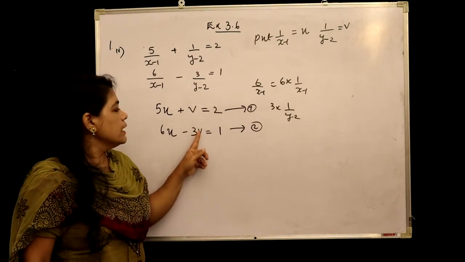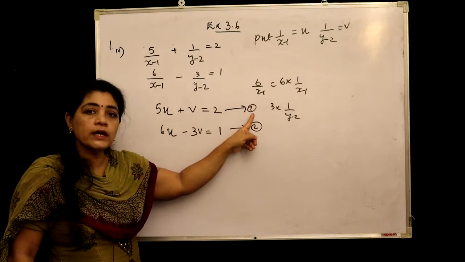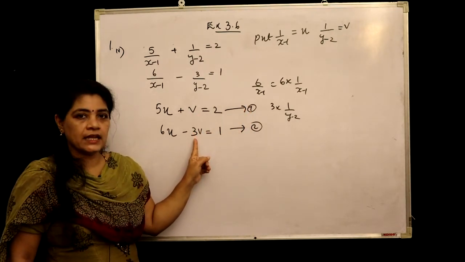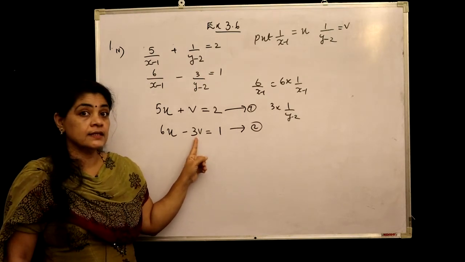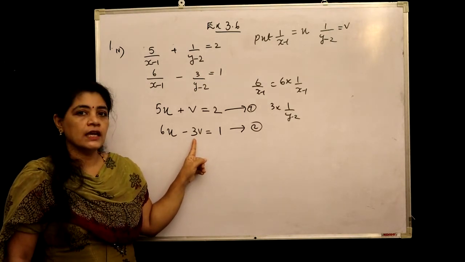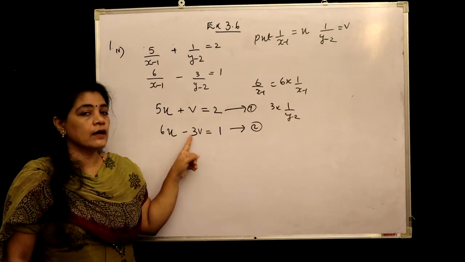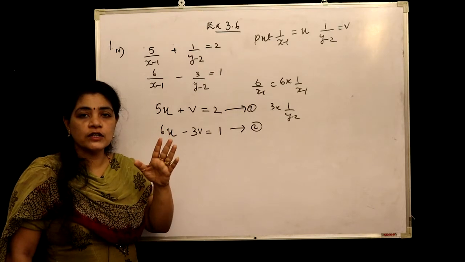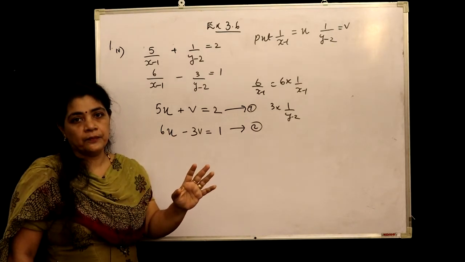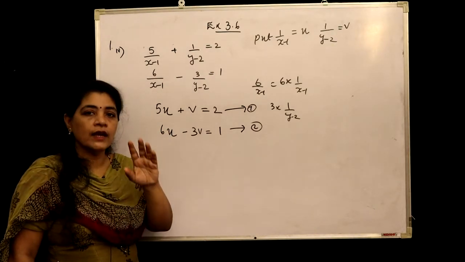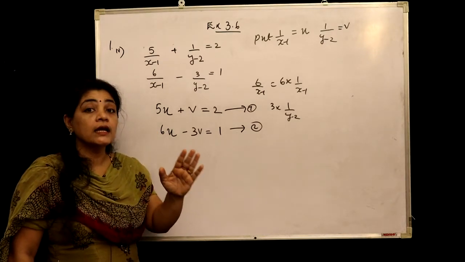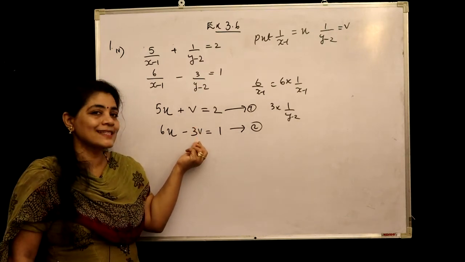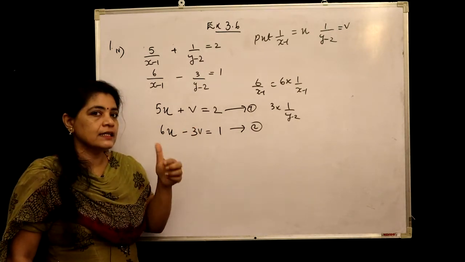Why? Because if you multiply equation 1 alone by 3, the coefficient of v is 3. What is our aim, children? We are going to make the coefficient of one of the variables the same, not the sign. First we make the coefficient, that is its absolute value, the same, without considering the sign.